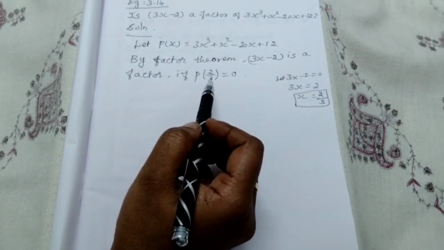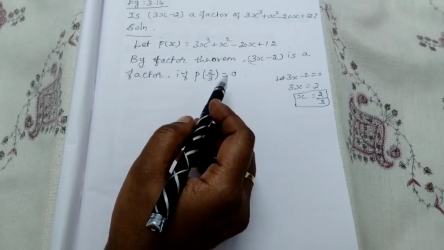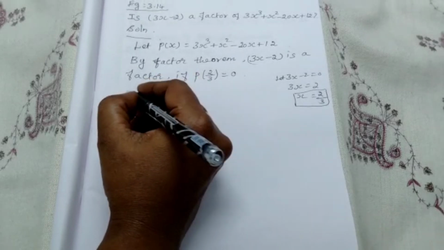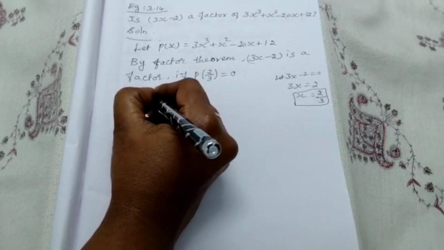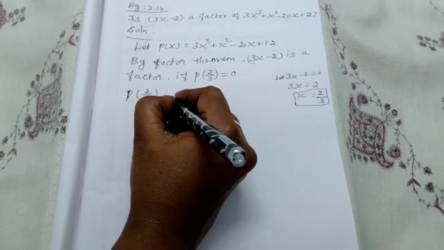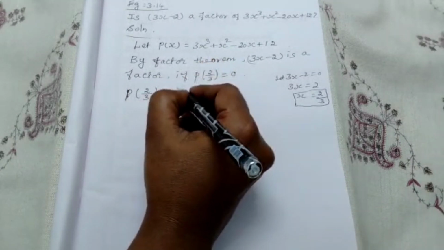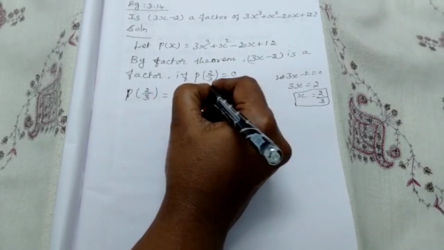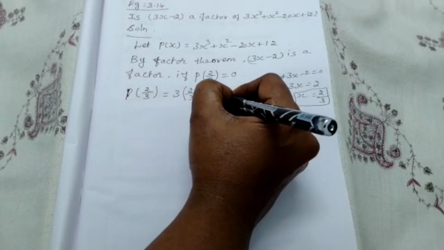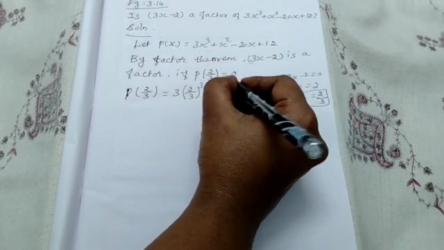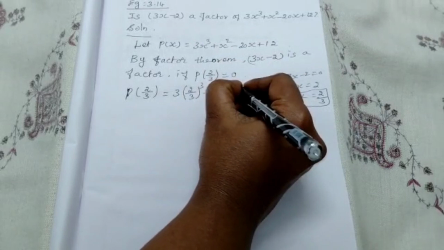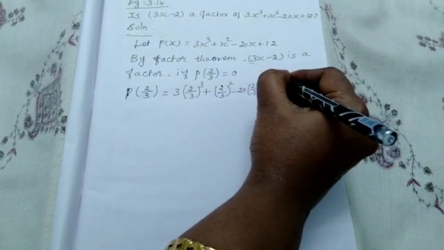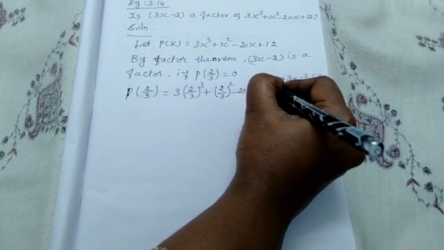Very, very important sum. Be careful and study. Don't confuse it. Then shall we substitute? p of 2 by 3 is equal to 3 into 2 by 3 the whole cube plus 2 by 3 the whole square minus 20 into 2 by 3 plus 12.